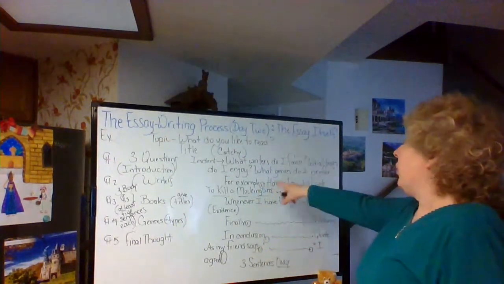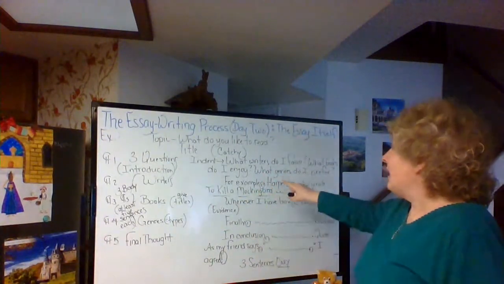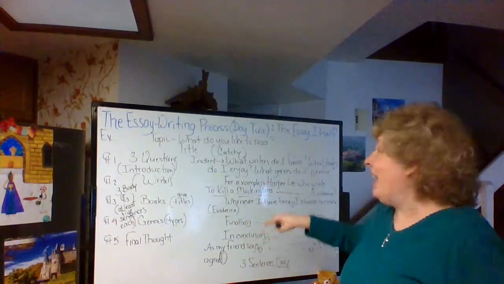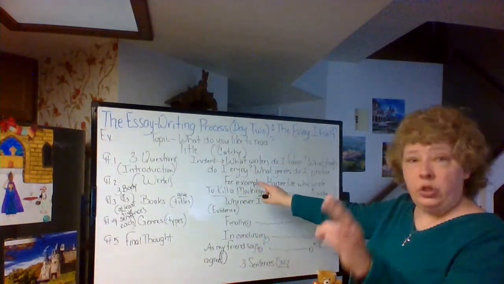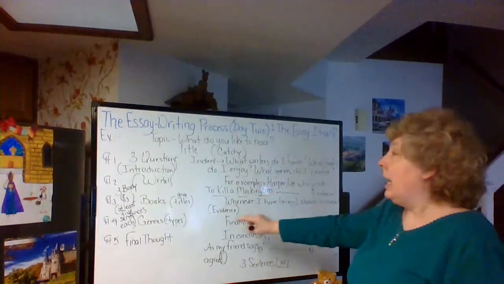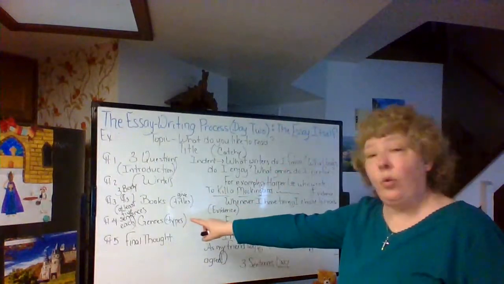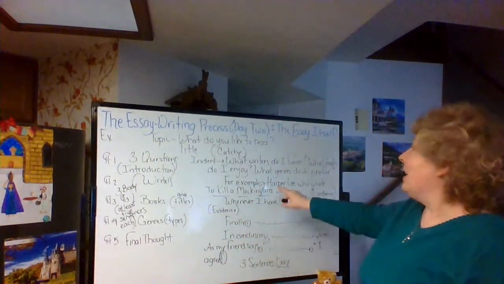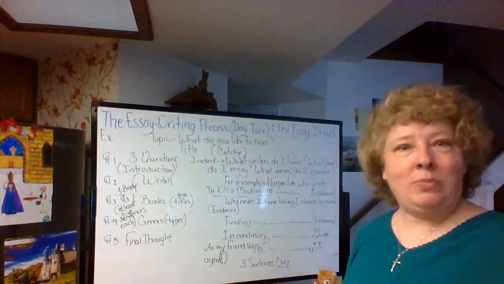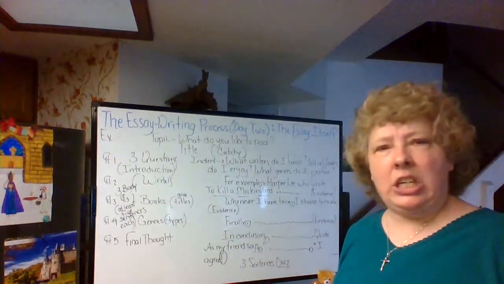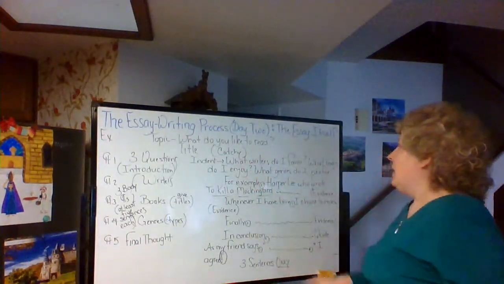That first sentence of the body paragraph answers the question. So this paragraph 2 answers question 1. Paragraph 3, yes, question 2. Paragraph 4, what question? Yes, question 3. Notice how that works? They go in order. Don't change it. Keep it this way. Follow that order.